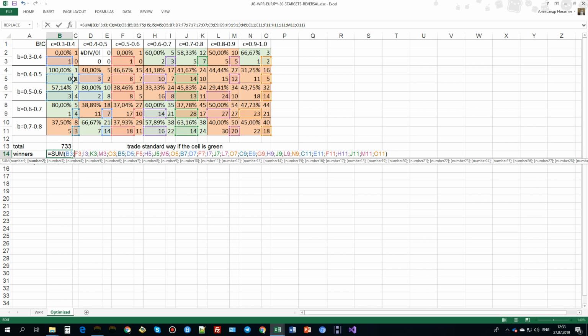Here we should calculate winners, here we should calculate losers. We calculate winners, we calculate losers. What is a loser, what is a stop loss? It turns into your take profit if you trade the inverse way. That's why we're calculating them as winners. Okay, this one should be dragged here.